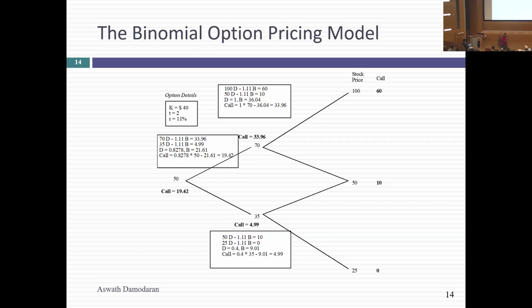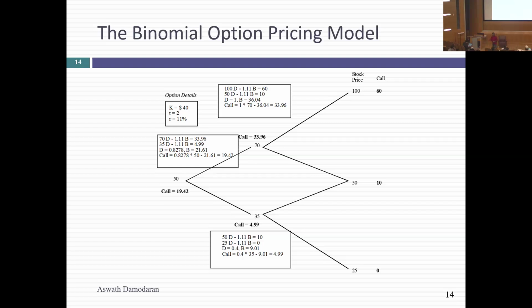So you ready? I've given you the right to buy the stock at $40. It expires at t equal to 2. Let's work out at every price what your cash flows are going to be if you own the call option. So let's say the stock goes to 100. What do you get? You get the right to buy at 40, right? Will you exercise the right? I hope you do, because you can buy it at 40. You will buy the shares at 40, sell it at 100, and you will make the $60 difference.